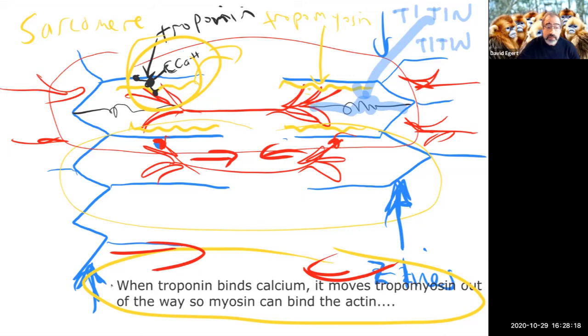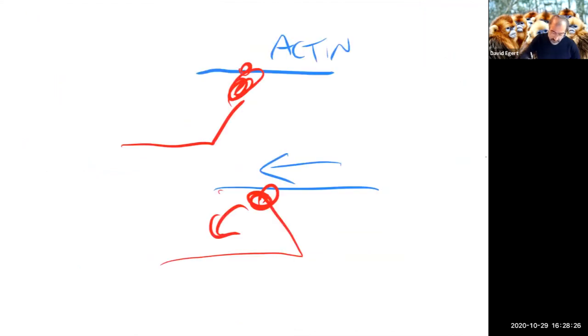All right. How do we make sure that when the myosin, okay, we have to go back to this one here. So after this, the next step is you've got to let go and recock. That's going to be the job of ATP.